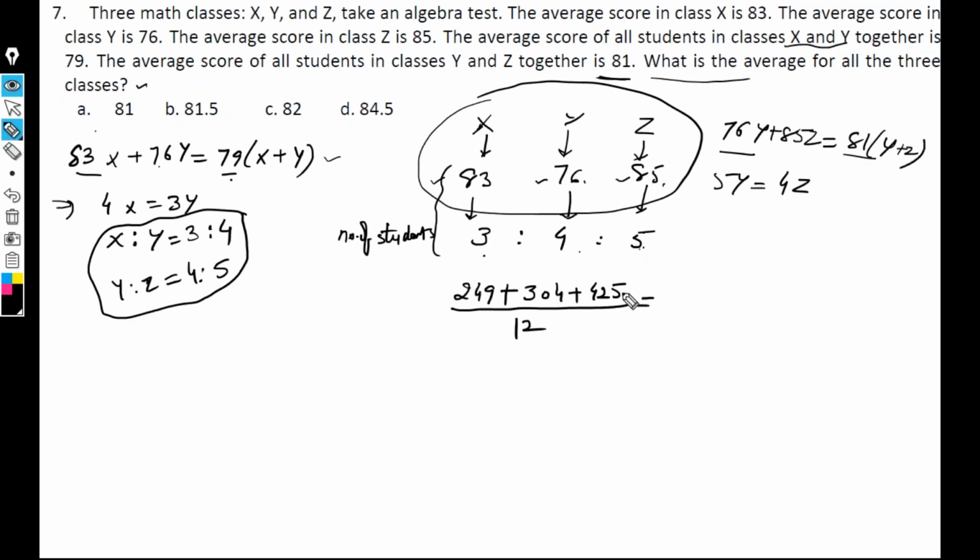Now we just need to add these three, so they add up to 978 divided by 12. So option B results in the right answer. Is it clear, everyone? Any doubt in this? Tell me.